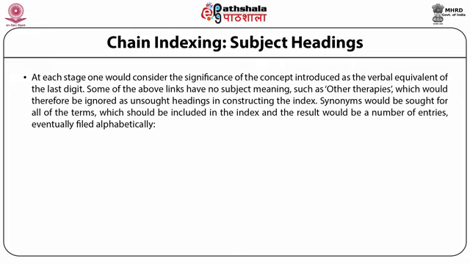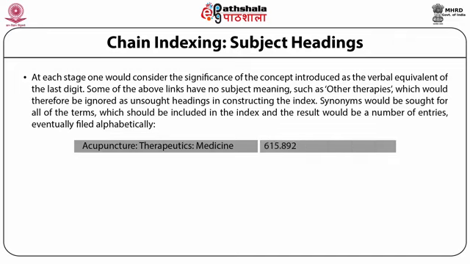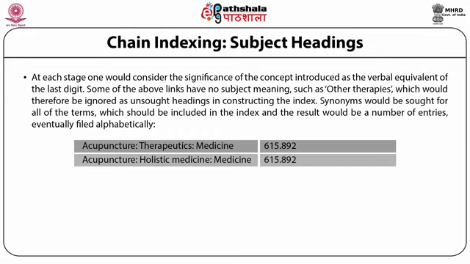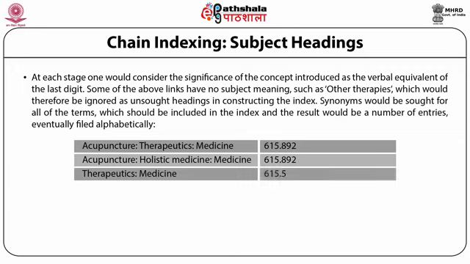Synonyms would be sought for all the terms which should be included in the index, and the result would be a number of entries eventually filed alphabetically as follows. Acupuncture, subheading therapeutic medicine, 615.892. Acupuncture, holistic medicine, then 615.892. Therapeutic medicine, 615.5.